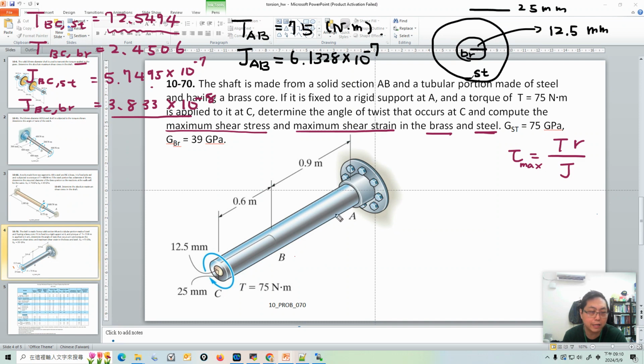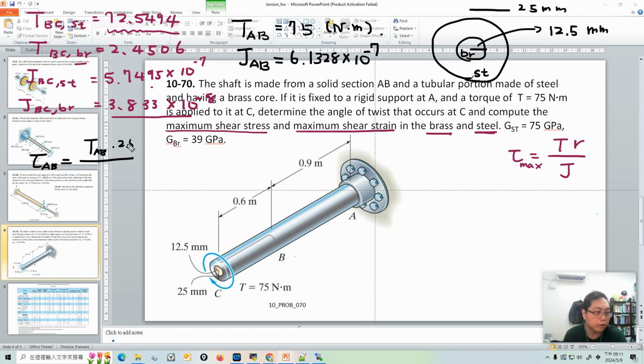First of all, let's calculate the shear stress for AB. It's made up all of steel, so I don't have to identify it as steel. So we will have T_AB, and what's the radius? The AB radius is 25 millimeters.